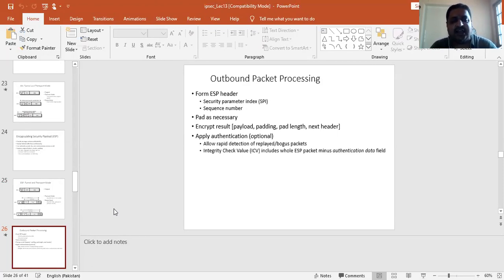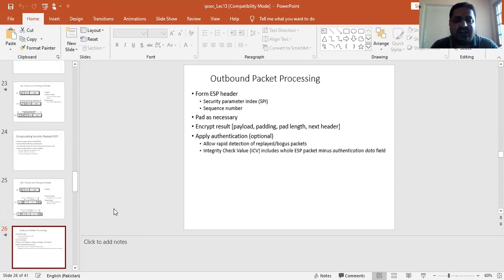Each packet is sent from a host to another host, and a sequence number is defined for the sequence in which the packets are sent. It also adds some other information related to encryption, and information related to authentication.